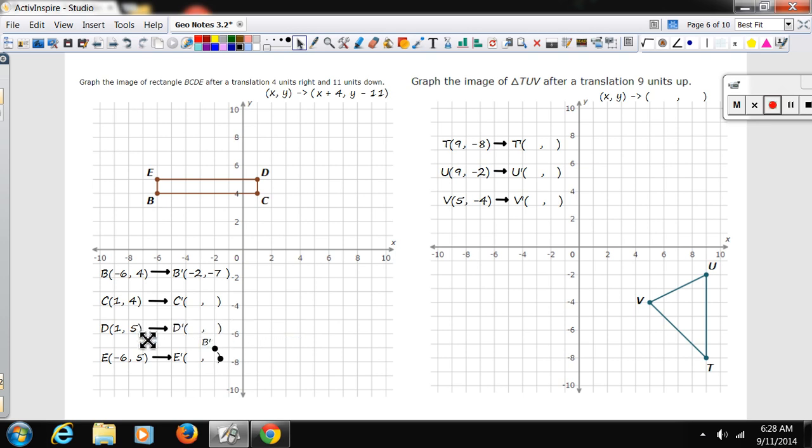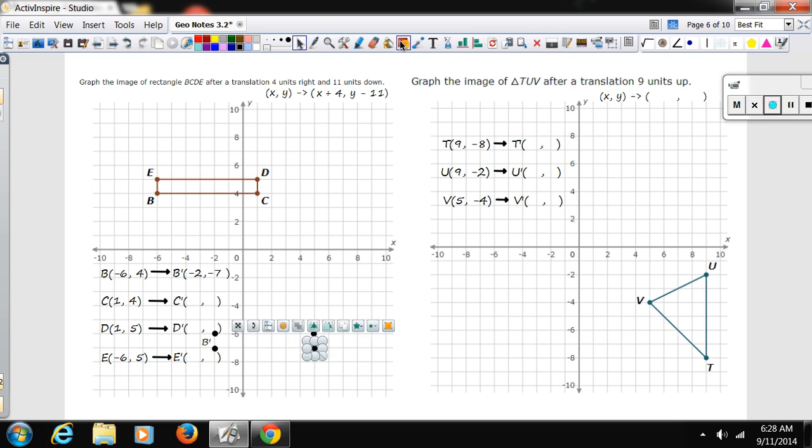This one was point B, right? So E is going to be one above it, E prime, right there. And then D prime is going to be over, let's see, over 7. 5, 6, 7. We're going to test our rule and see if it's working. And this one will be down 1.